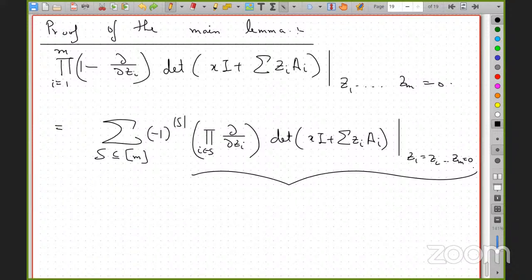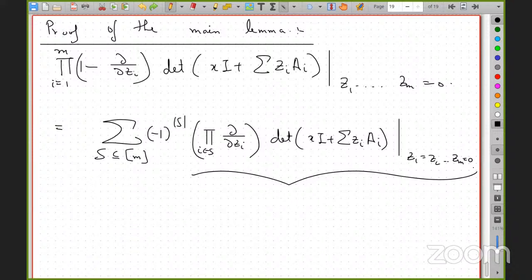So let's check that. Anything which has power of zi more than 1, why will that go away? When you differentiate, it still retains at least degree 1, and when you set to 0, it goes away. So anything bigger than 1 will go away. Whether you differentiate or not, it remains at least 1, and when it's set to 0, it goes away. Where zi does not appear, that vanishes when you differentiate.